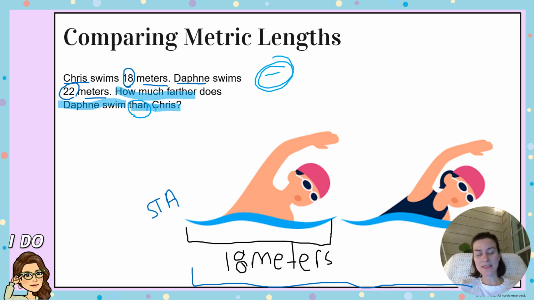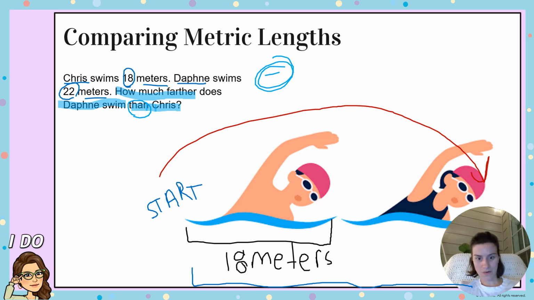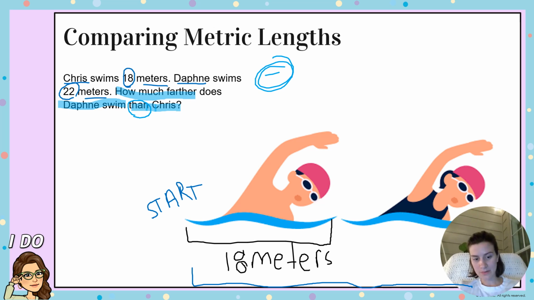I want you to imagine that this is the starting line. This is where we start. So she went all the way from the starting line all the way to here, right? So that's why my blue measurement of how far she went is starting at the starting line. This blue dash right here is lined up with my starting point. And we're going to go all the way to where Daphne ends. And how far is that? 22 meters.